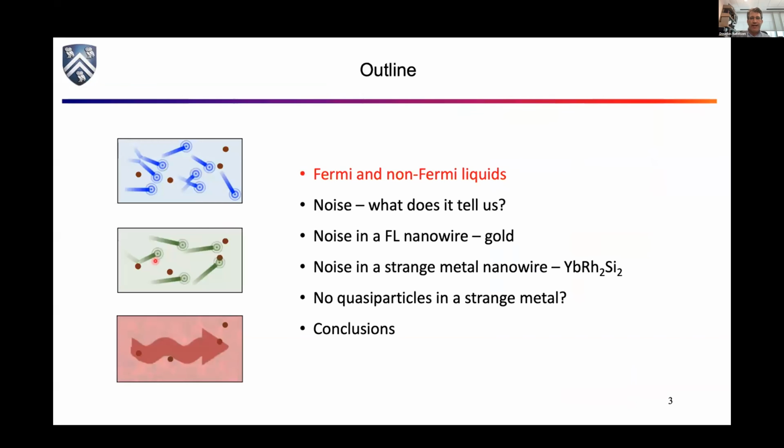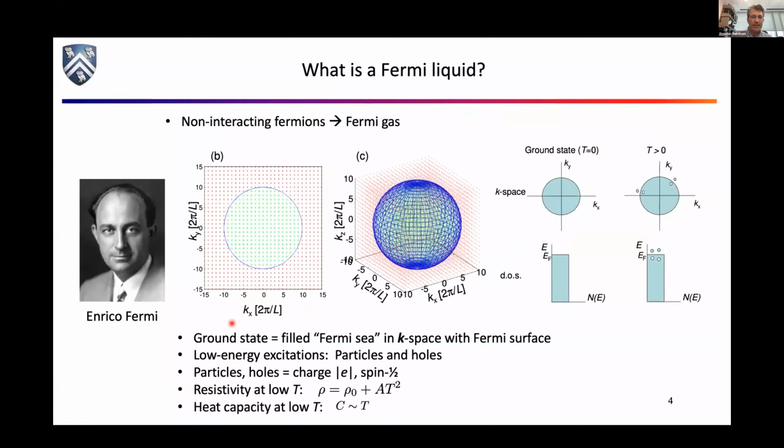So, a very brief outline, and I know we're all a little bit pressed for time, so I'm just going to plow through here and start talking a little bit about Fermi liquids for the students in the audience. We kind of know what a Fermi gas is, right? You have non-interacting fermions in a box, and you talk about the lowest energy state these things can be in, and we think about a Fermi sea, here in 2D or in 3D. The low excitations of this collection of fermions, if we've got no interactions going on, are particles and holes.